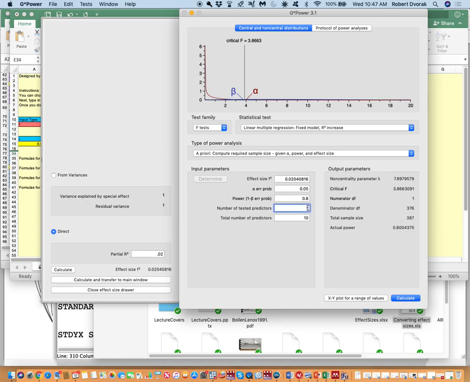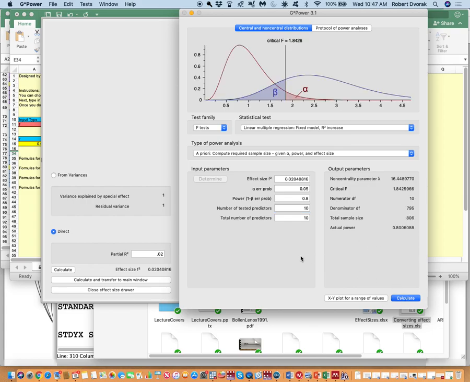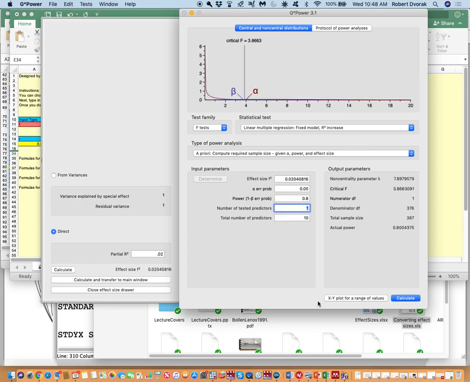If you change this to 10, actually yeah, you get this dramatic difference because it's spreading this across 10 predictors, right? And so consequently, no one of these predictors is very powerful, and you need a lot more people to account for the fact that this explained variance is coming from 10 predictors versus one.